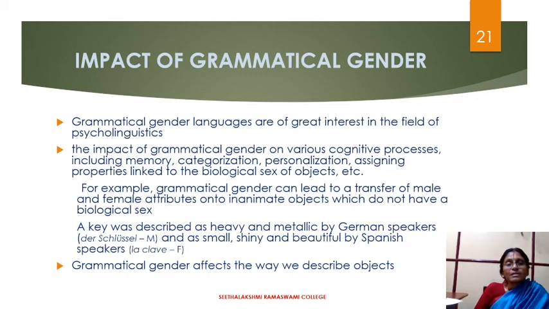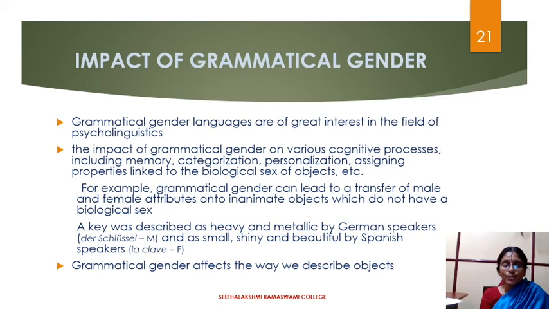They say that grammatical gender has a great impact on various cognitive processes, including memory, categorization, personalization, assigning properties linked to the biological sex of objects, etc. For example, something is neuter in gender, but we assign some male attributes or female attributes to that object.